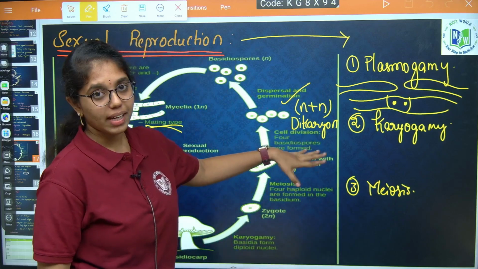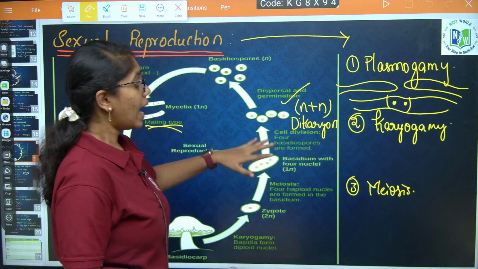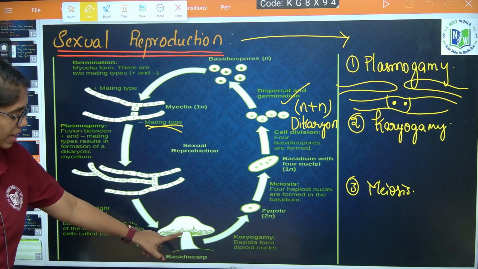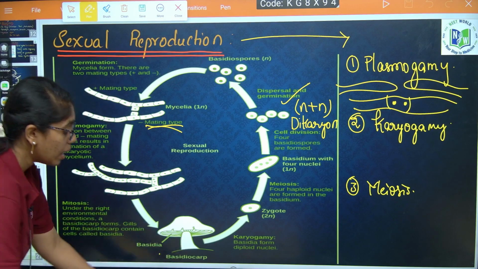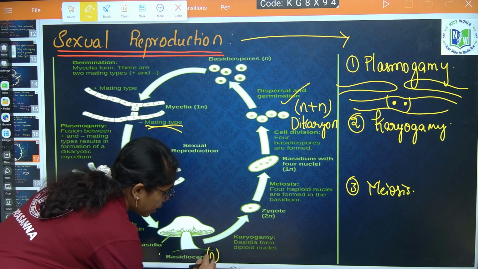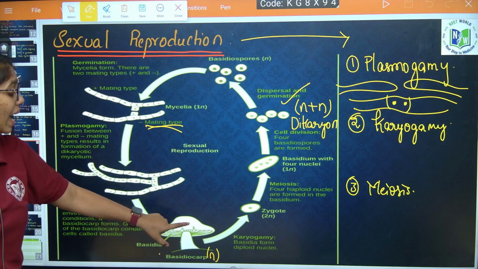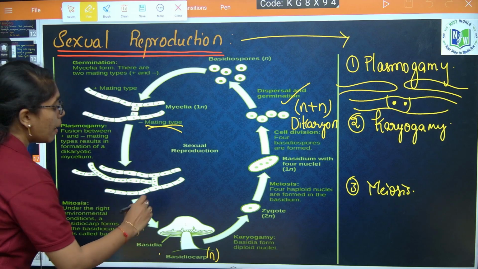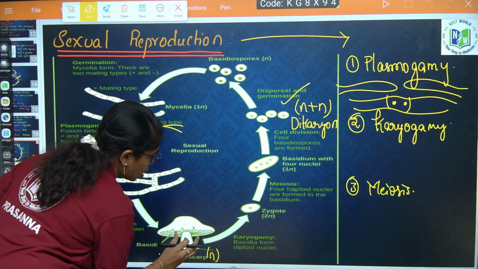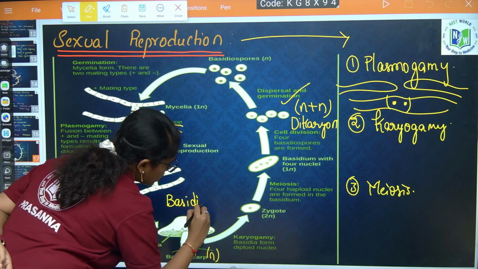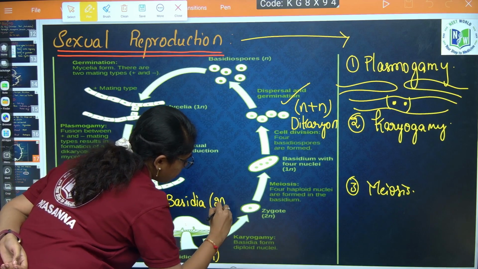That is Ascomycetes and Basidiomycetes. After the dikaryon stage, they fuse in the basidiocarp. Again remember, the basidiocarp is haploid. This entire fusion is happening inside the basidiocarp. As a result of fusion, what is formed? Basidia. Okay, this basidium is diploid.